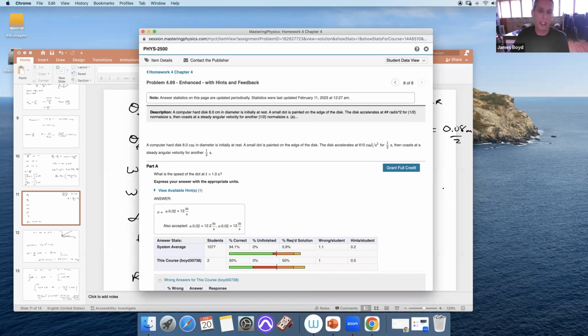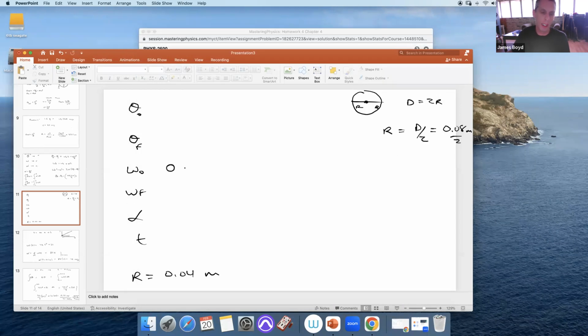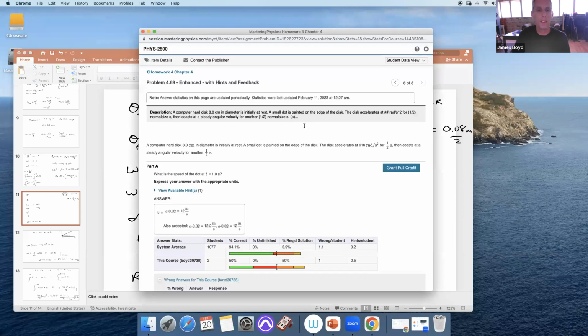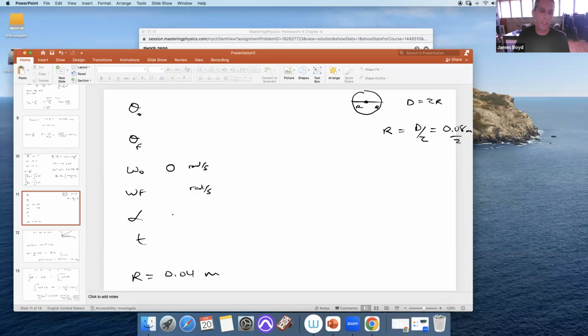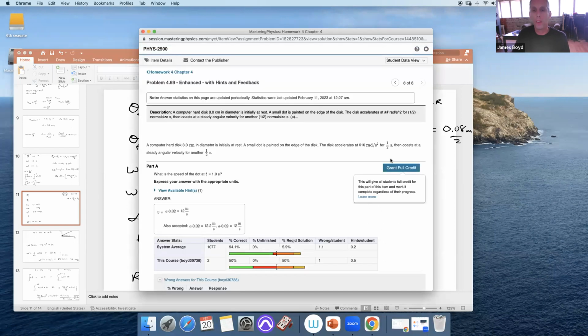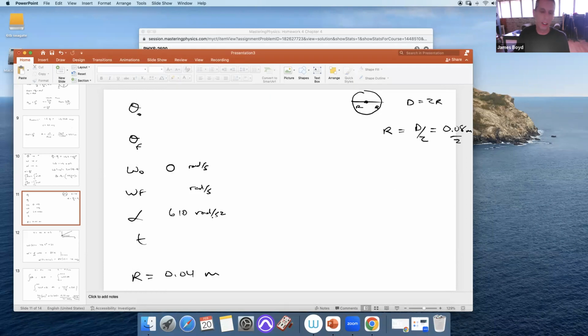Now, it's initially at rest, which means omega initial is 0 rad per second. A small dot is on the edge. We accelerate with an alpha of 610 rad per second squared for half a second, and then coast for the next half second. So we're only going to deal with the first half second.